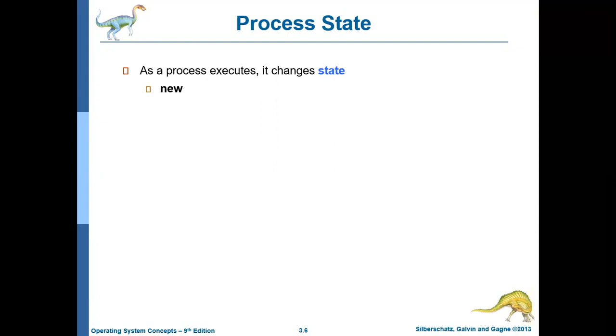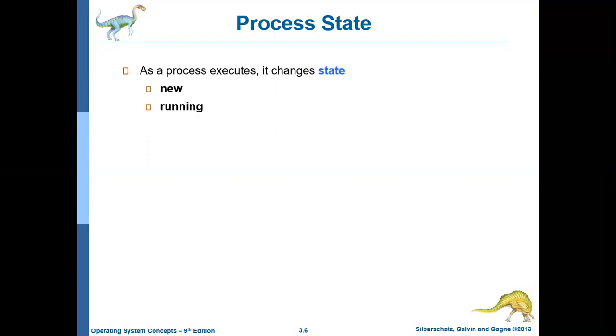Okay. And the second state is running. The moment the process is allocated the processor, it means that the process is in the running state. It means that the CPU is executing instructions from this particular process.